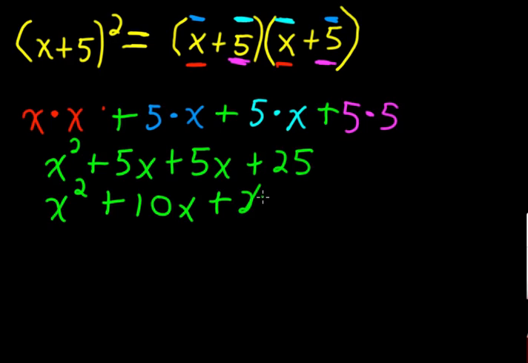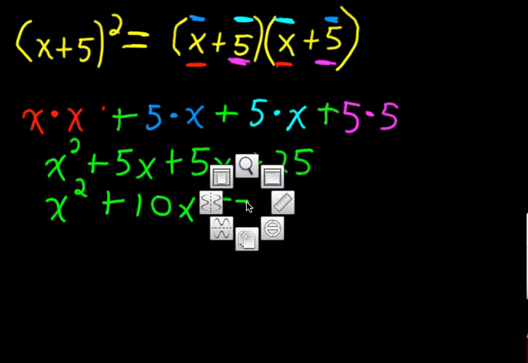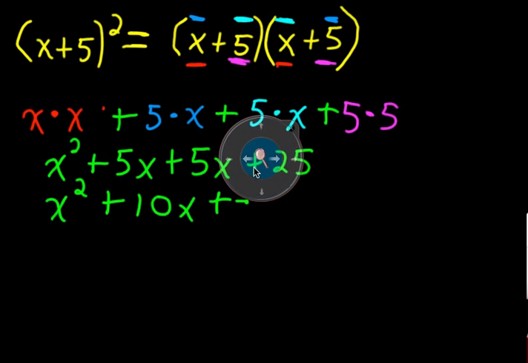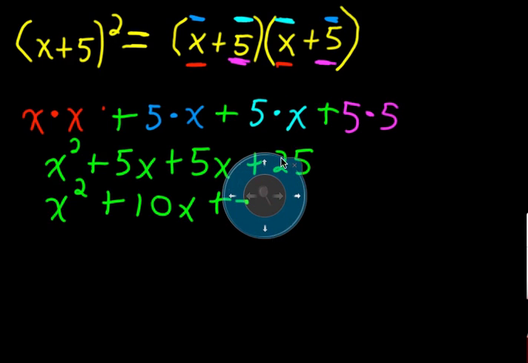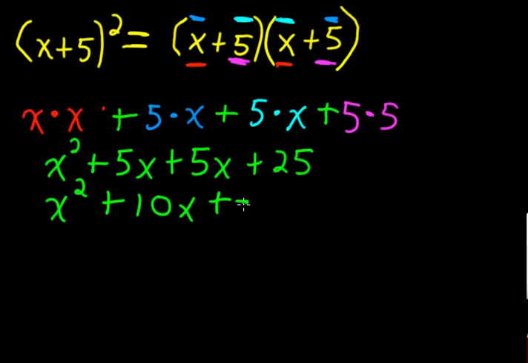Now, you can always do a square. But you can always take a square and turn it into a multiplication of two binomials.